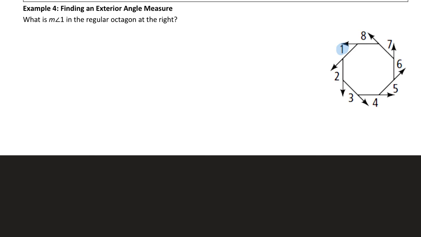It also means finding an exterior angle, we know the sum of the exterior angles of any polygon is 360. So to find the measure of each of the exterior angles, I'm going to divide it by the number of congruent angles. So 360 divided by 8 is 45. So the measure of angle 1 is 45 degrees.